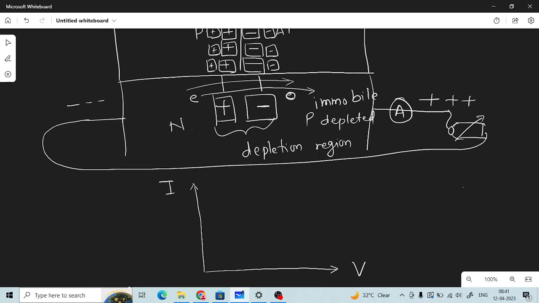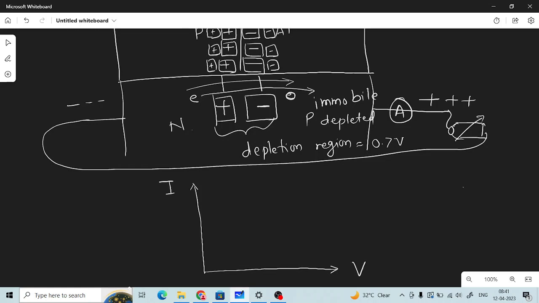But there is a catch here. Suppose the battery potential was 0 initially, so there was no current because the electron was not able to cross this potential barrier. Now slowly we increase the battery potential. If it is still less than the potential of the depletion region, which is, for example, 0.7 volt for silicon, there will be no current.